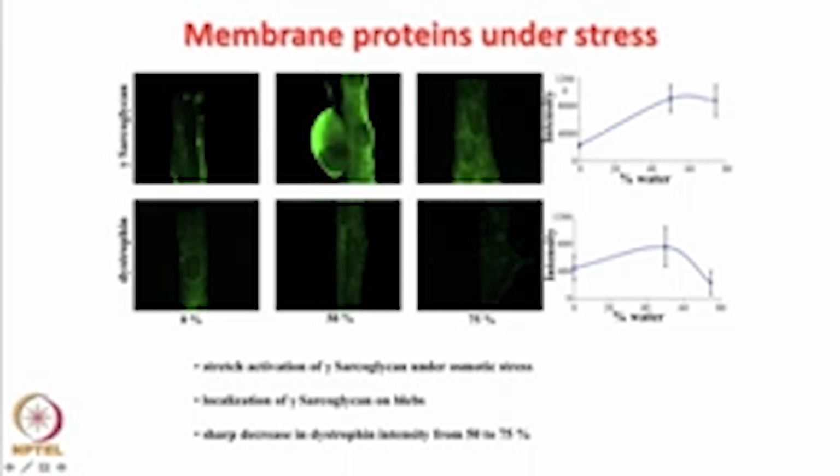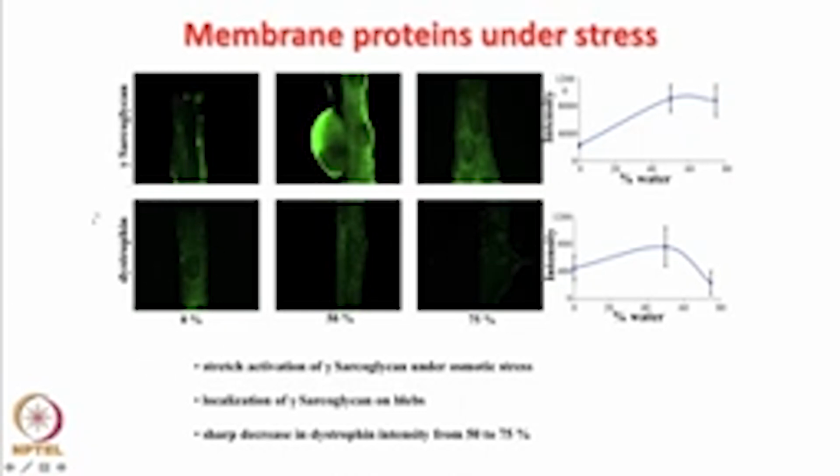First of all, you can also track how in response to increase in membrane tension, this protein accumulates at the location site of the blip. And in this intensity figure, you can track the average fluorescence intensity of this protein at the blip as a function of the percentage of water, and what you see is intensity increases and saturates, suggesting that this is one such mechanosensor molecule.